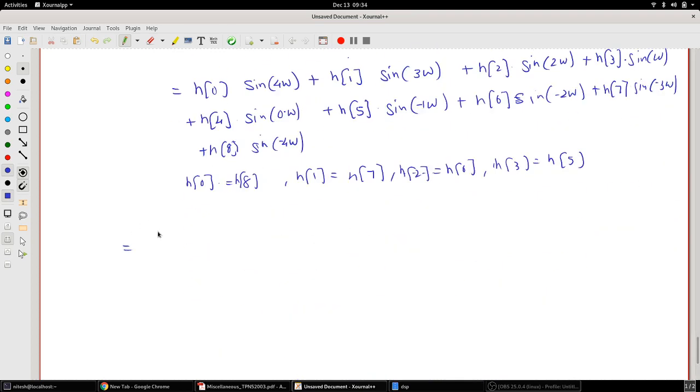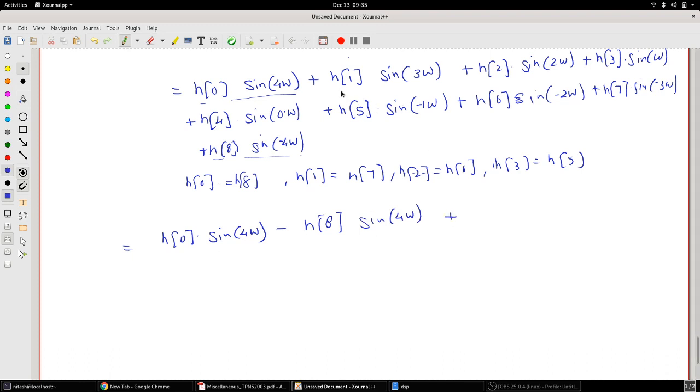So I can now write this as h of 0 into sine of 4 omega plus this term, which is clubbed with h of 8. There's a minus sign which comes out, and this becomes minus h of 8 into sine of 4 omega.